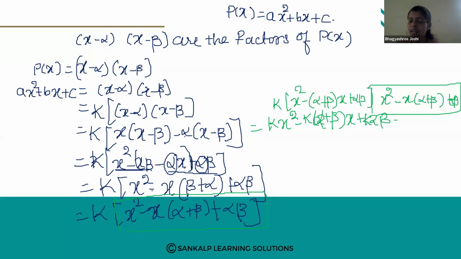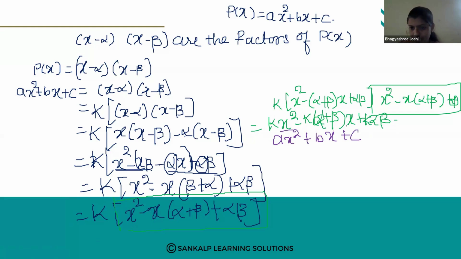Understood? Did you understand up to here? Now, compare this expression with standard form of polynomial. That is, what do we do with this now? Let us compare with the standard form of polynomial, that is ax square plus bx plus c. Right? So what is a now?